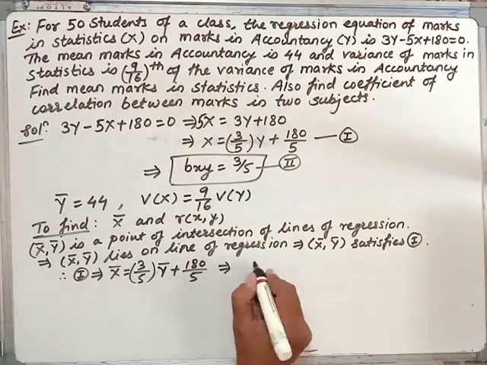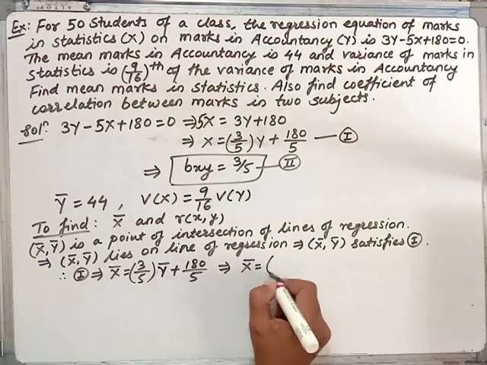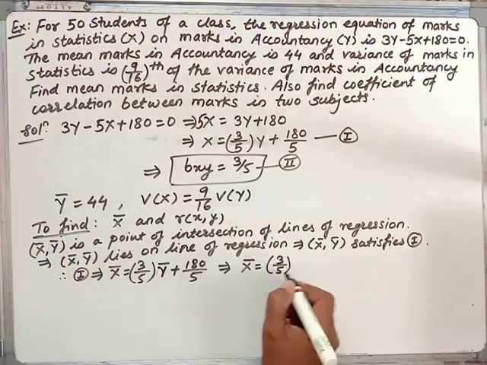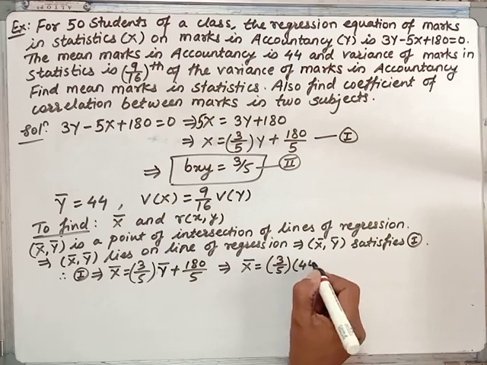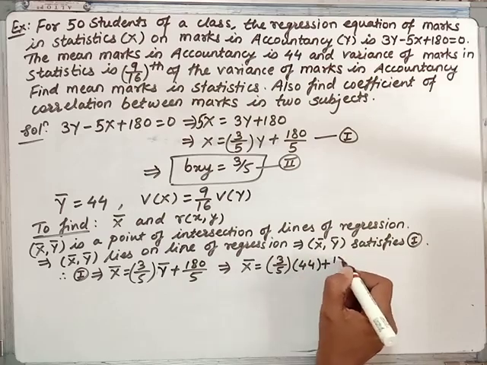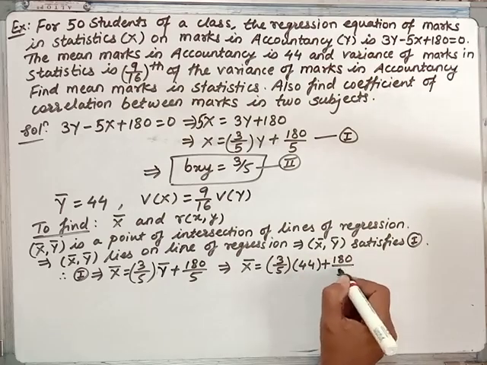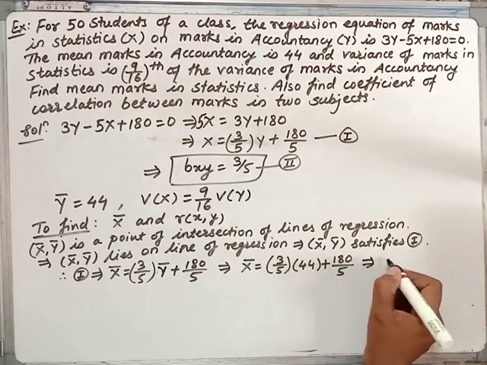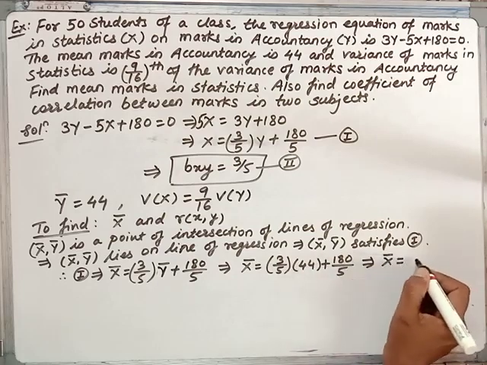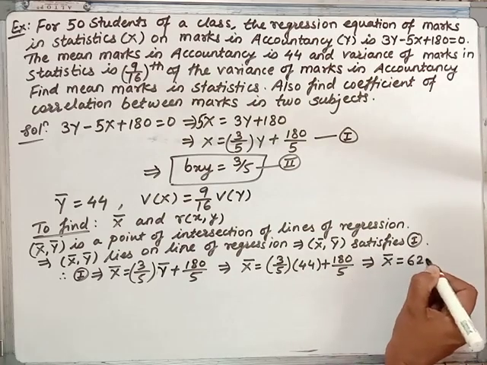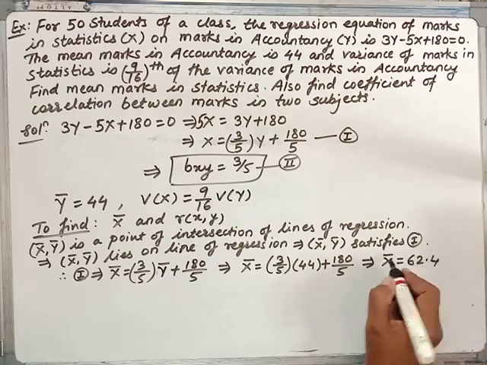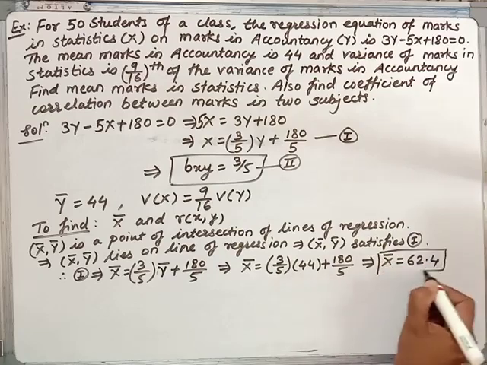So x bar is equal to 3 by 5 into 44 plus 180 by 5. After simplifying it, we get x bar is equal to 62.4. You can check that.